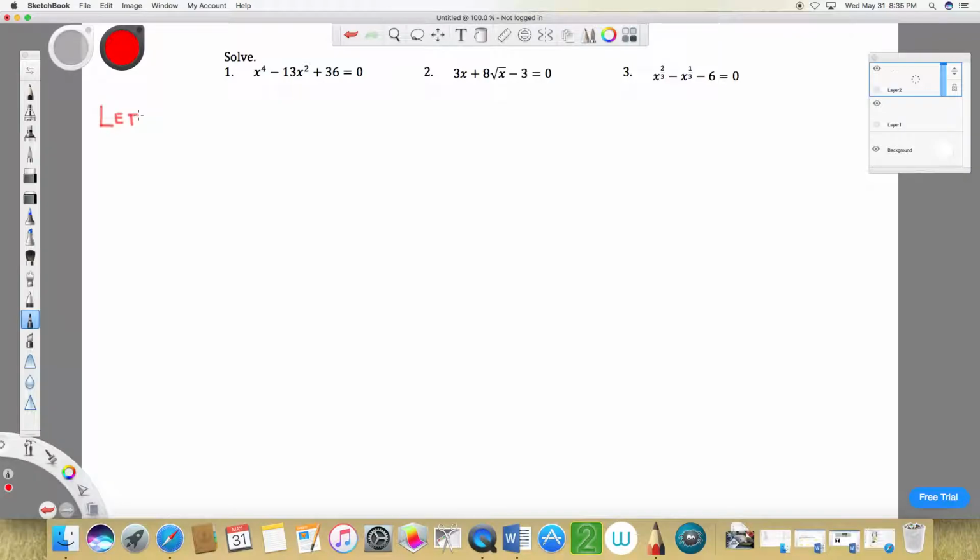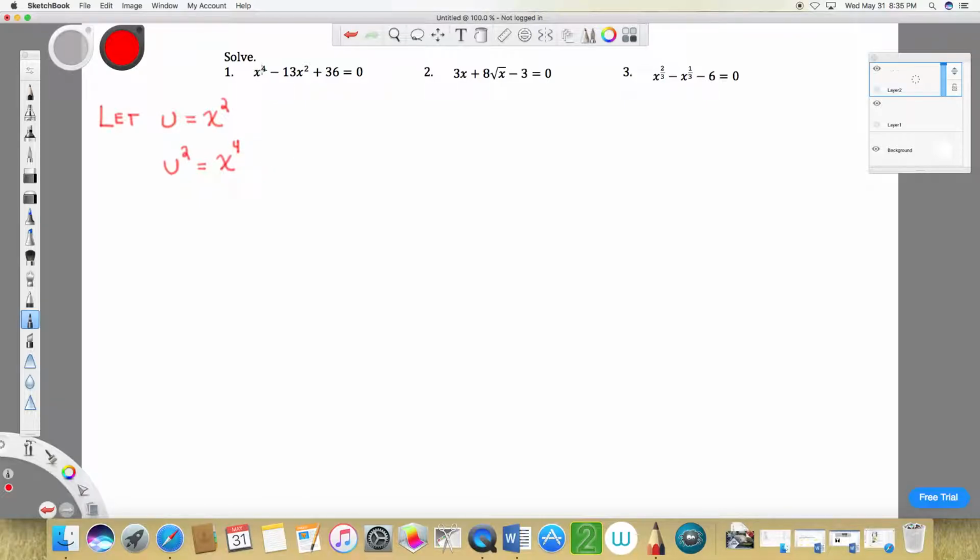In problem number 1 here, I'm going to let u equal x squared. So everywhere that I see an x squared, I'm going to replace it with the variable u. If I square both sides of this, if I square u, then I have to square x squared, which is x to the fourth.